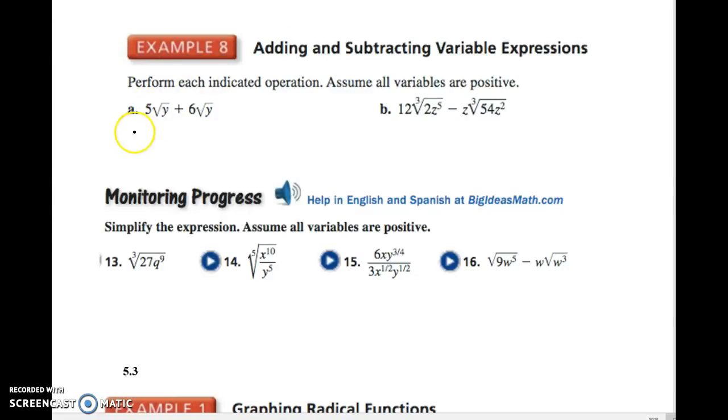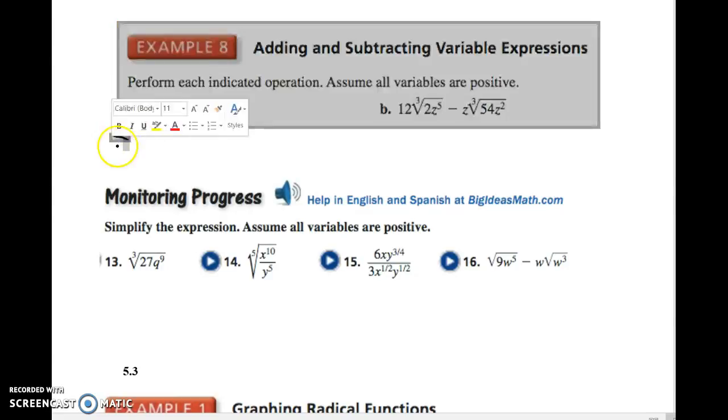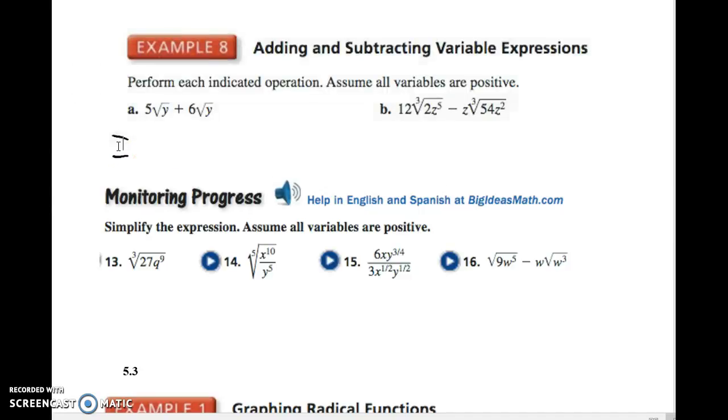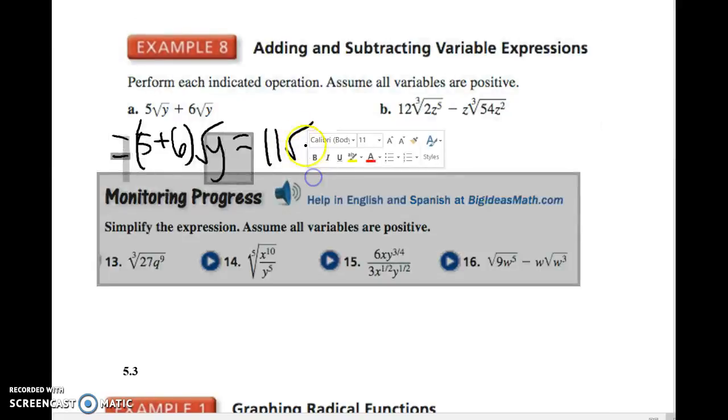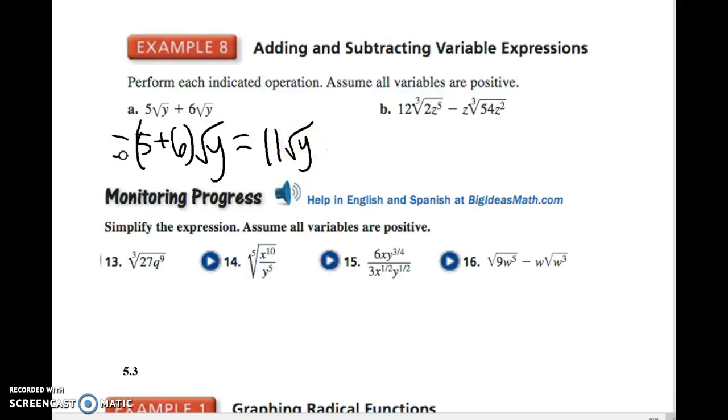I see square root of y and square root of y, so I can just say that's 5 plus 6 times the square root of y, and that would just be 11 square root y. So 11 root y is your answer.